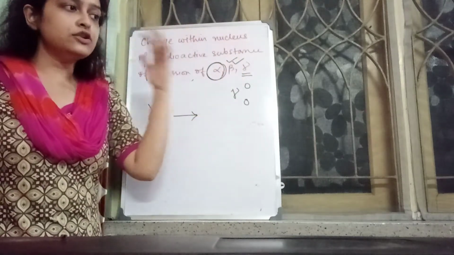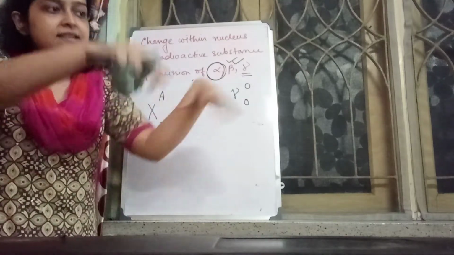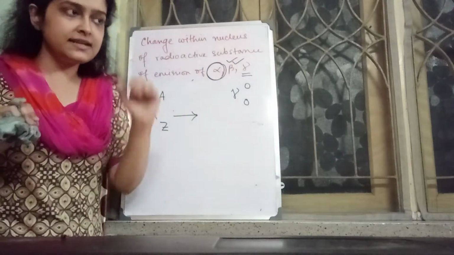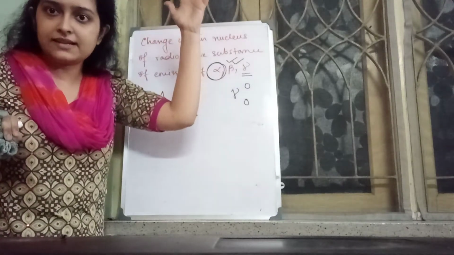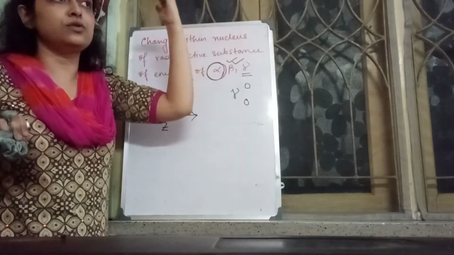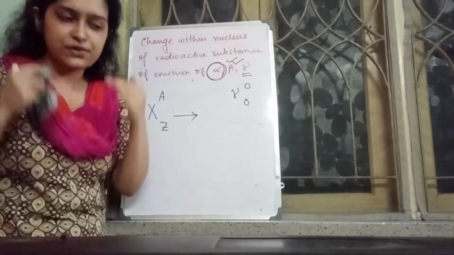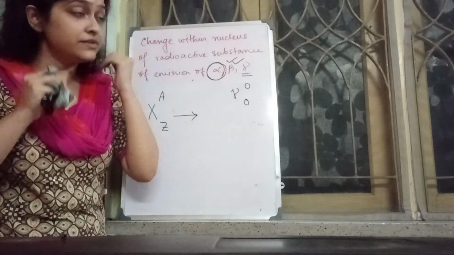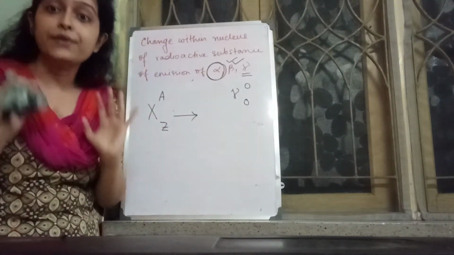So what will it try to do? It will try to come to a lower energy state by releasing some of its energy. Because in higher energy state, it is unstable. Right? So it wants to move on to a stable state, to a lower energy state. It will release some energy. How? By emitting energy in the form of gamma radiations.